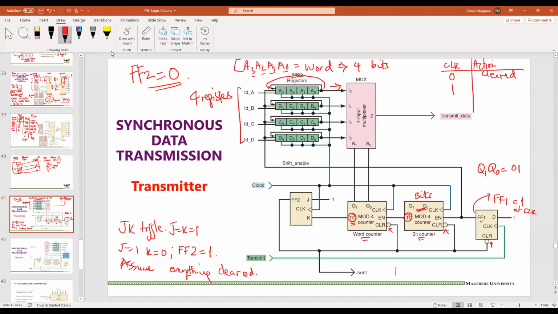Now, because this one has not yet reached the terminal state, the starting point, which is 0, 0, because this has to go 0, 1, 1, 0, 1, 1 until 0, 0 again for this to change, TC remains 0, and if it is 0, then the enable is also 0, and it is active high, meaning that this one does not count. Let me see if I can actually draw a bigger truth table to enable you to perhaps understand better.